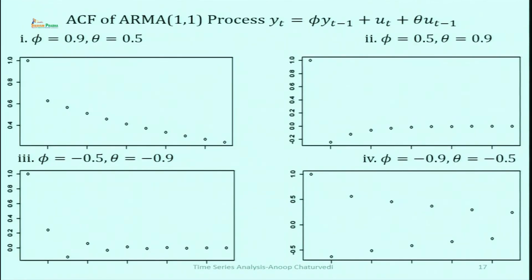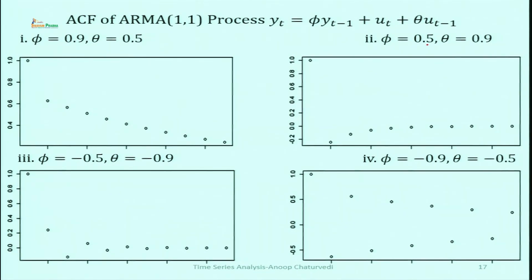Here I have plotted the ACF of ARMA(1,1) process, y t equal to phi y t minus 1 plus u t plus theta u t minus 1, and then in the first graph I have selected phi equal to 0.9, theta equal to 0.5. So, in the first graph the autocorrelation function remains positive, but from here onwards it starts decreasing exponentially.